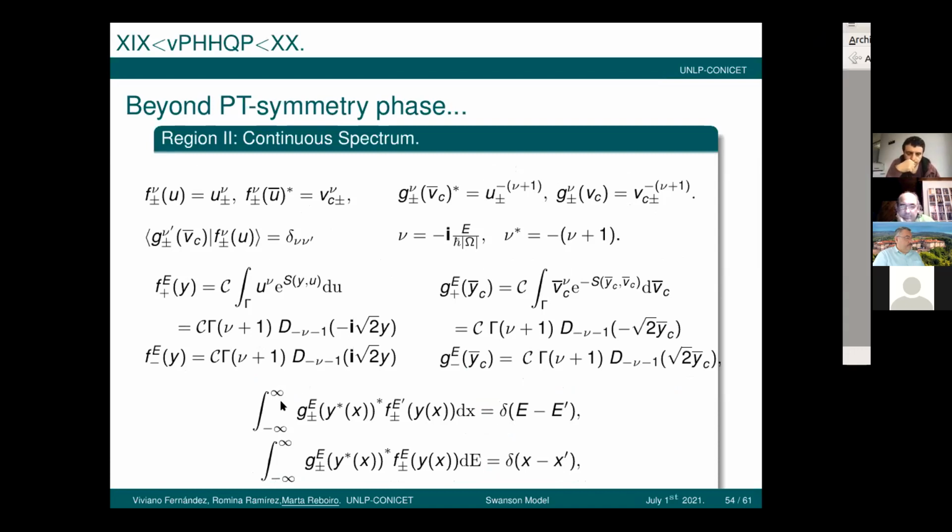Again, we have an orthogonality relation and a completeness relation.